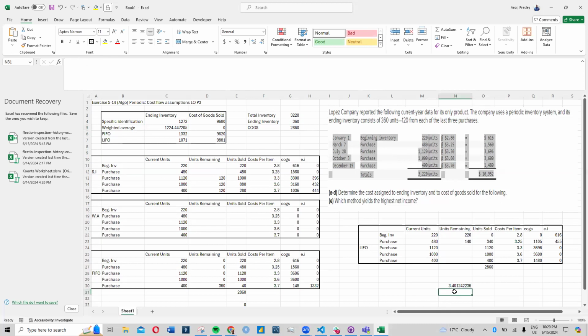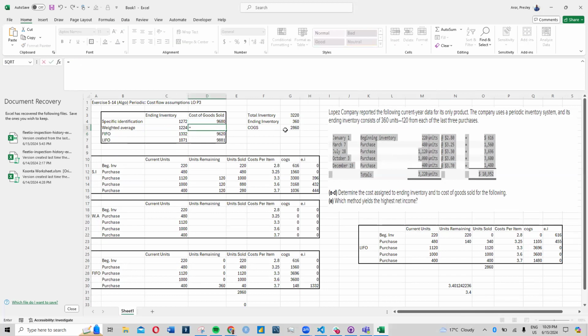If we used 3.40, we'd probably get 1,224 without the zeros. If you round the answers to two decimal places or one, then you should get 1,224.